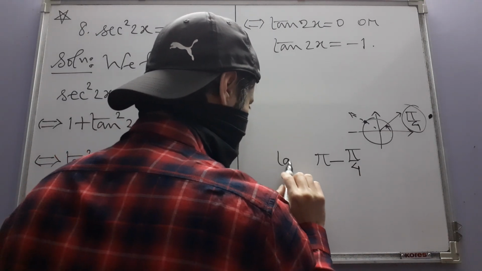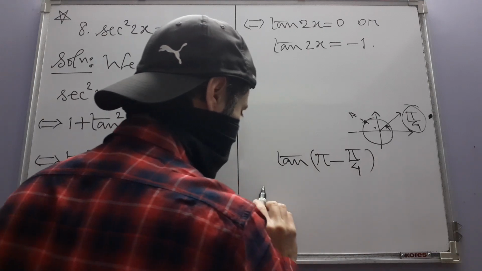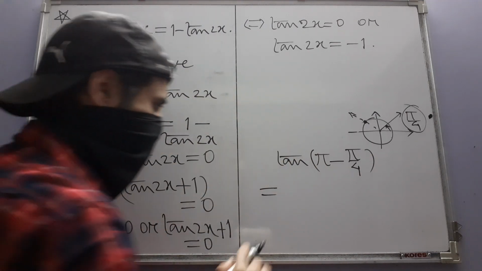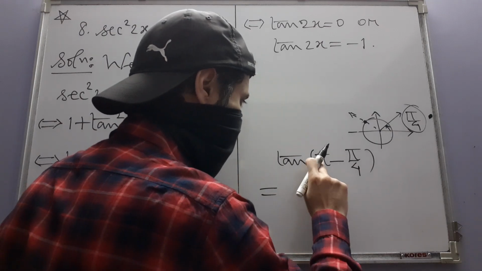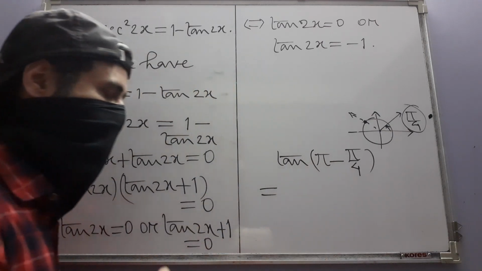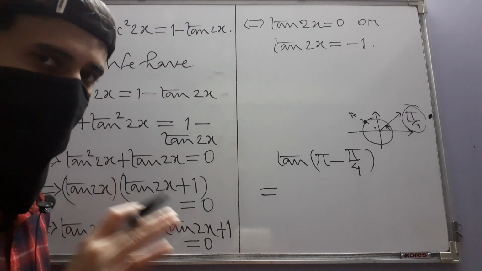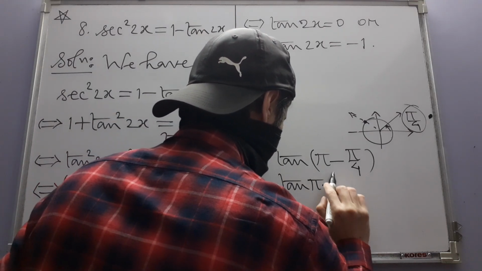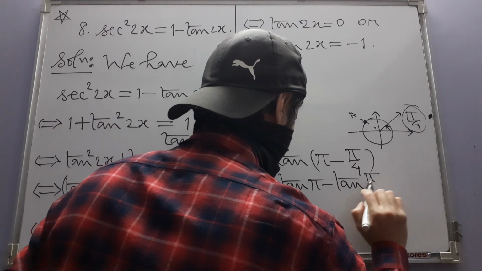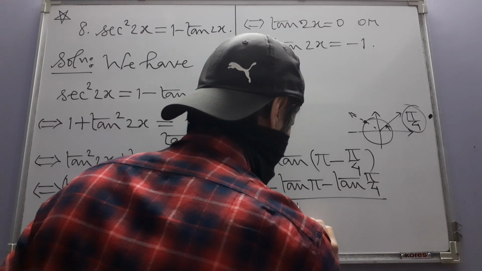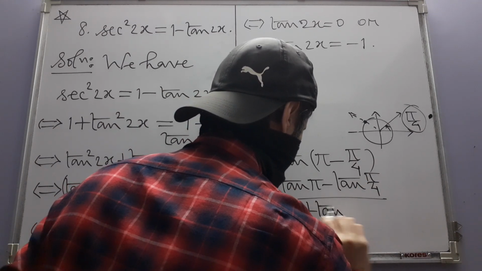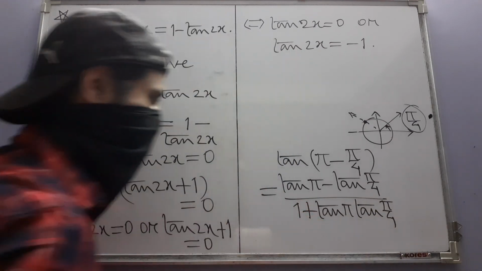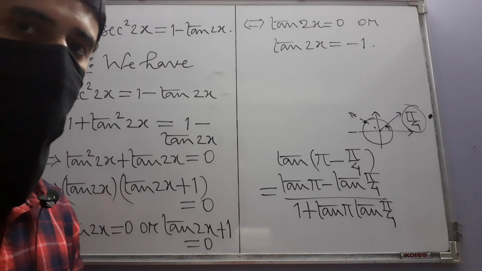Is it really going to give you minus 1? Let's see. You can apply your usual tan A minus B formula here. There is no problem, because neither this angle nor this angle is an odd multiple of pi over 2. So we can apply the formula here. Tan pi minus tan pi over 4 divided by 1 plus tan pi over 4. Tan pi is 0.